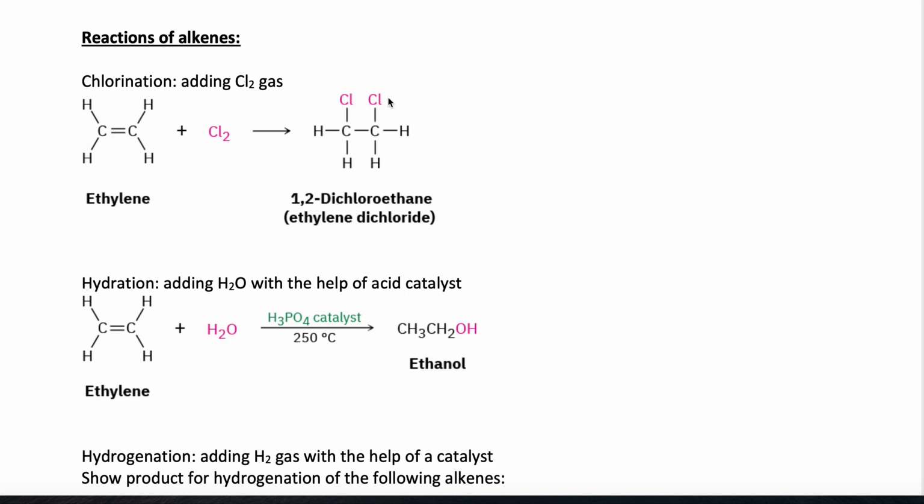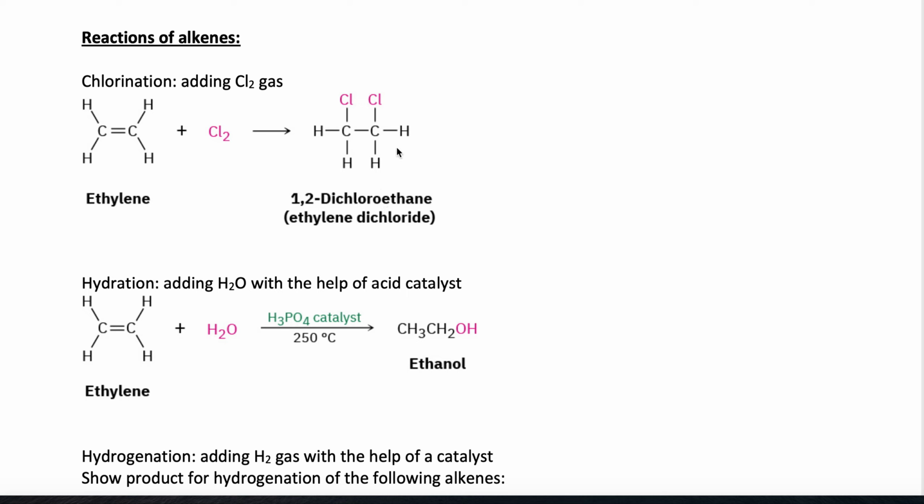So the chlorine gas has two atoms. Each can be added to each carbon. That's what's happening here. And when they add to the double bond, it's saturated, so there's no more double bond because each carbon already has four bonds. That's what we get, 1,2-dichloro.